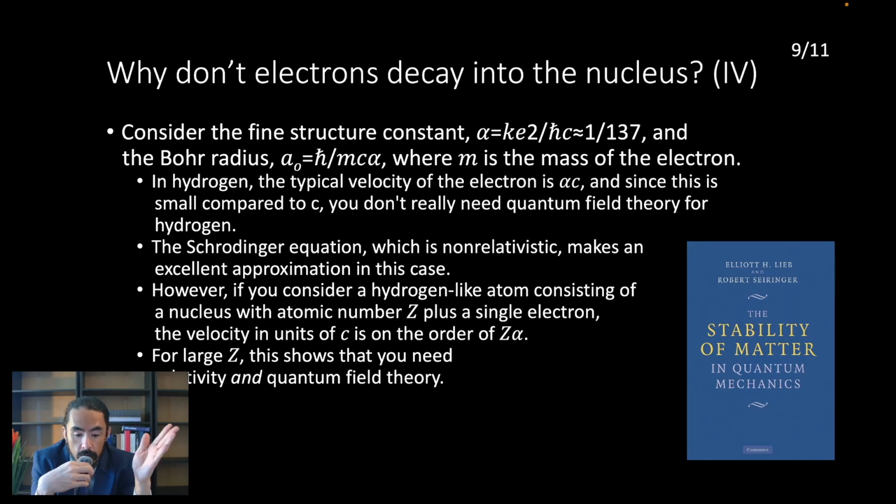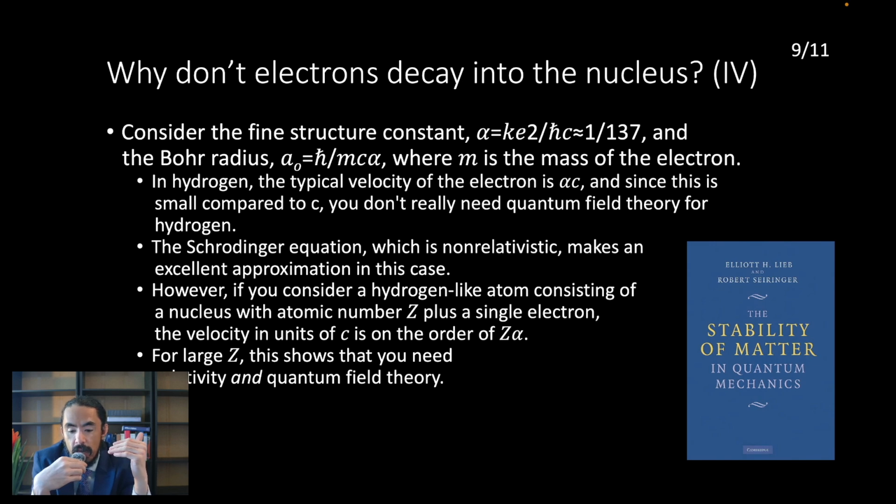However, once you go beyond hydrogen, if you consider a hydrogen-like atom consisting of a nucleus with atomic number Z plus a single electron, so you're adding more protons to the nucleus, but you're sticking with just one electron for now, then the velocity in units of the speed of light is on the order of the atomic number capital Z times the fine structure constant.